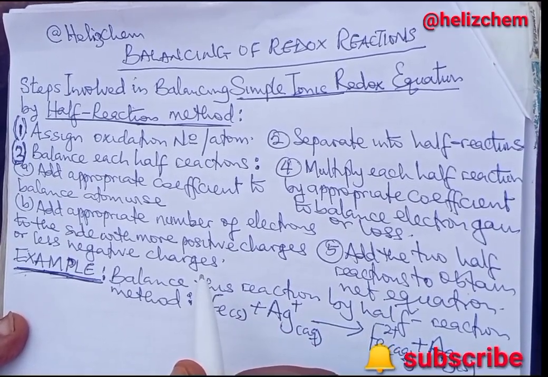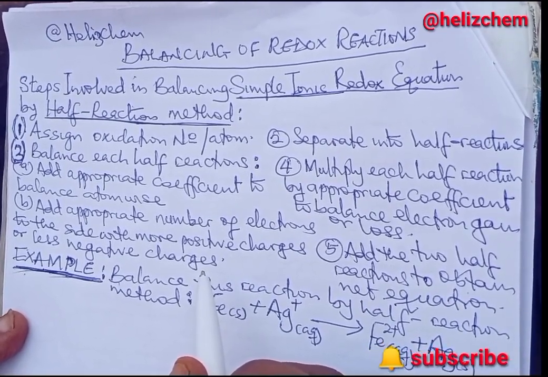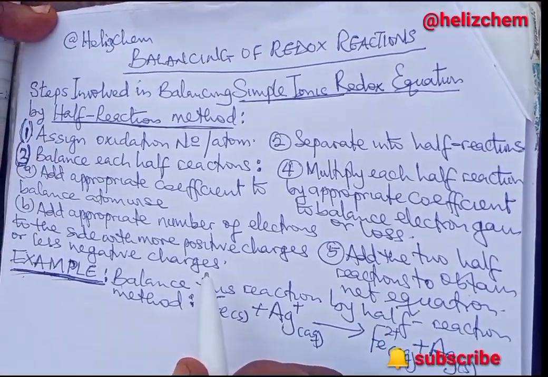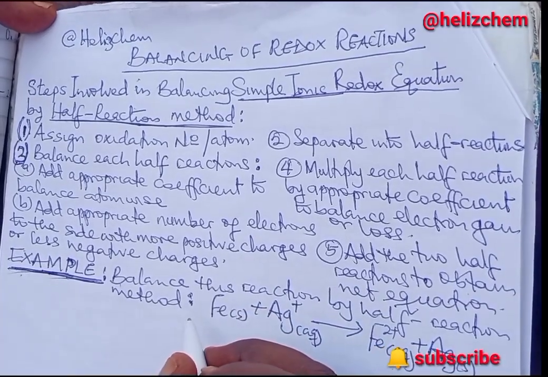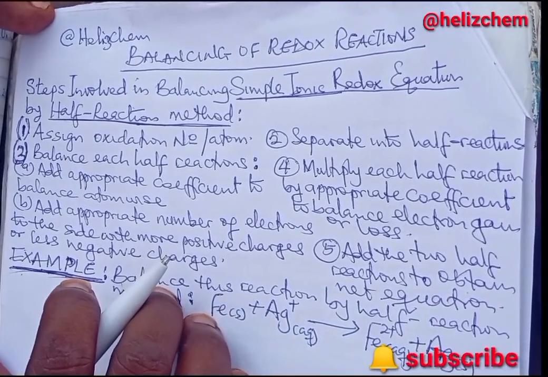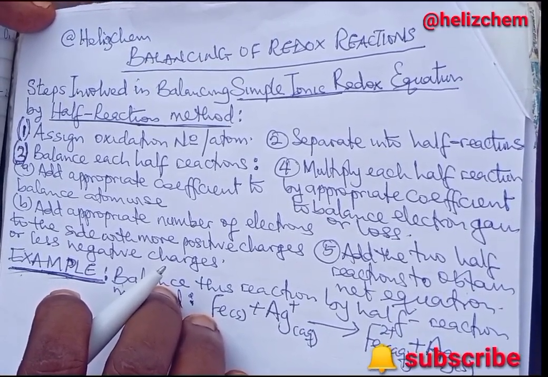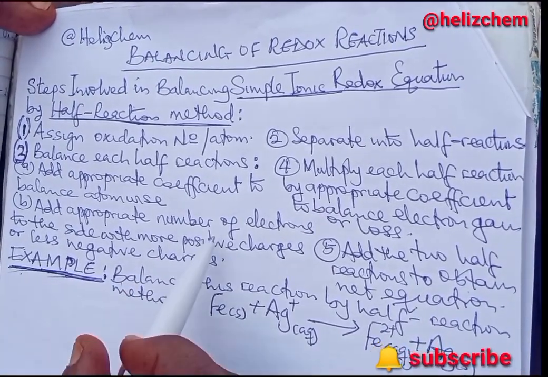If you go to my channel, I have discussed extensively on how to write half reaction equations. So today we want to use half reaction method to balance simple ionic redox equation.